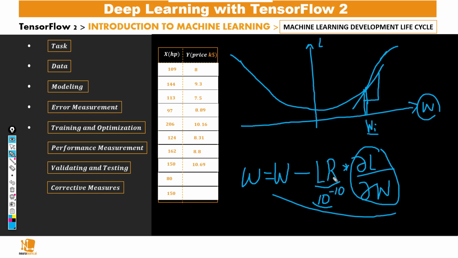Now, if our learning rate is too large, let's say we take a learning rate of 10 to the power of 3, in that case we have W minus 1,000 times this positive value, then the change is going to be too brutal, and instead of going slowly towards this point, we are going to actually skip that point and get to this other point right here.